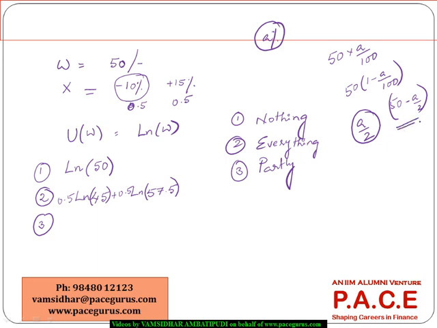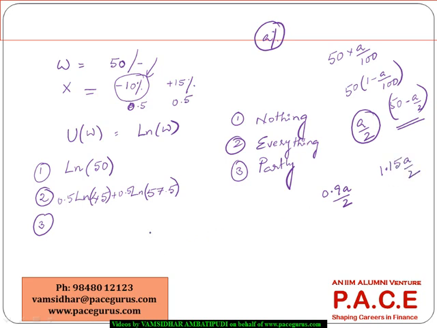Because he has invested A by 2, there is a possibility that A by 2 can be down by 10%, so it becomes 0.9 A by 2. Similarly, A by 2 can increase by 15%, so it can become 1.15 A by 2.